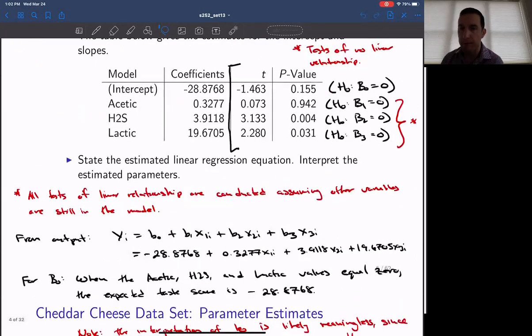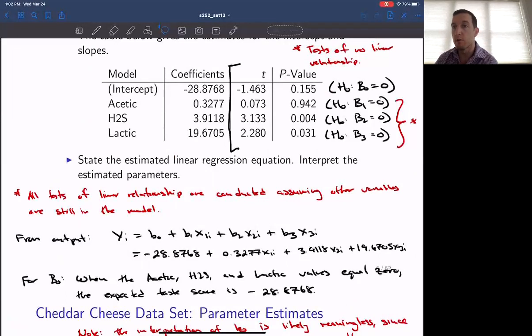Here we have from output yi is equal to negative 28.8768 plus 0.3227x1i plus 3.9118x2i plus 19.6705x3i. This is the regression equation in this particular situation where we're trying to link a response variable to 3 different explanatory values.